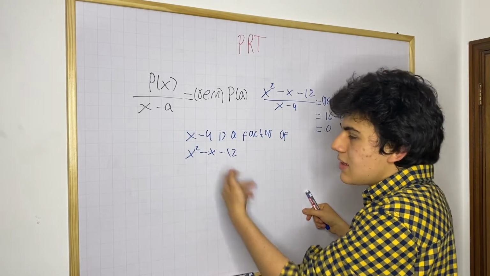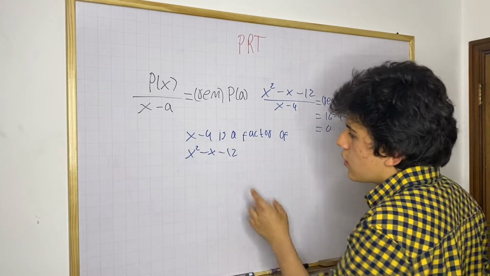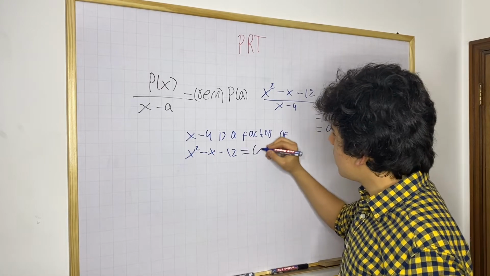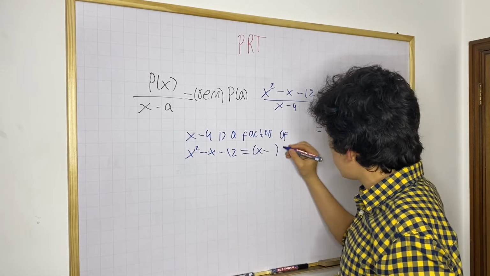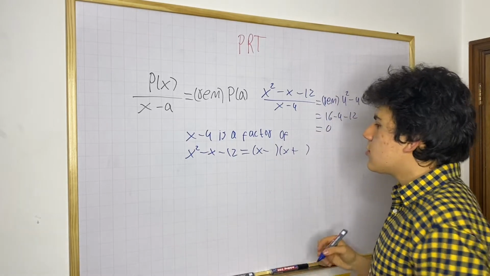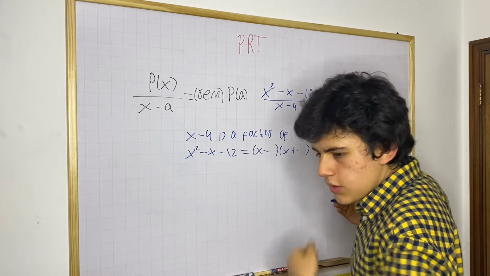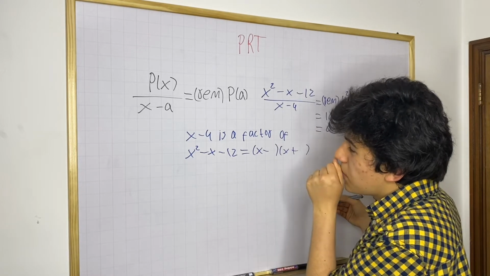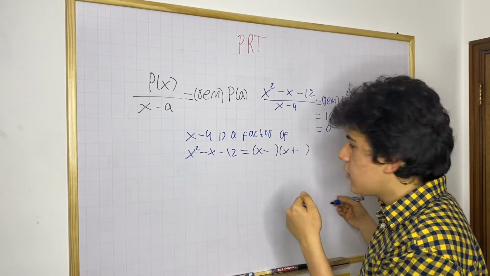And now this is indeed true, because if you were to factor this, how do you factor this? Well, we know how to do that. It's x, x, the first sign that you have, another one, the multiplication between the signs gives you a plus. And now we need two numbers that multiply to give you negative 12 and add to give you negative 1: 3 and minus 4.